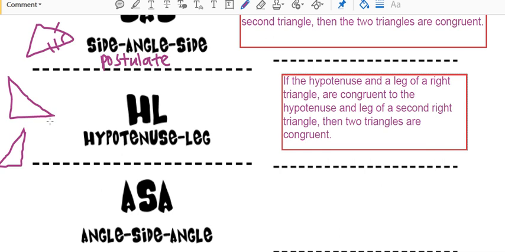So if the hypotenuse and the leg of a right triangle, so that would be either leg, are congruent to the hypotenuse and leg of a second right triangle, then the two triangles are congruent. So this is an example of what hypotenuse leg would look like.